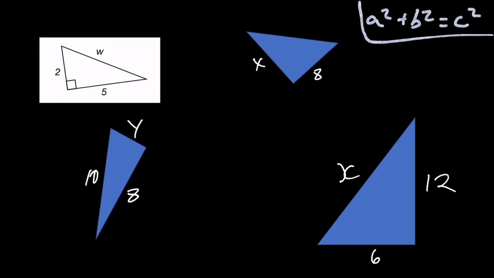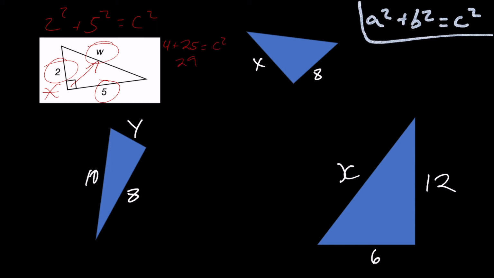Let's use this now. All right, looking at this first example right here. This is the hypotenuse, so that is the c squared, because it's opposite of the right angle. Here is the base, so that's 5 squared, and here is the height, and that is 2 squared. So what do I have here? I have 4 plus 25 equals c squared.